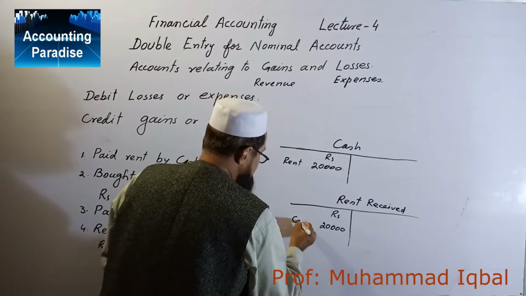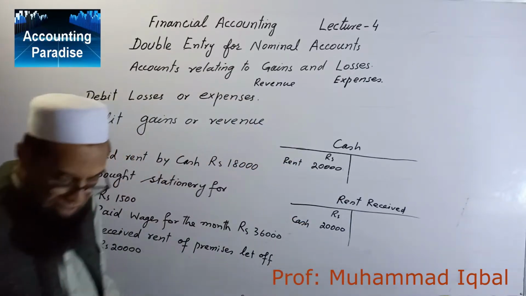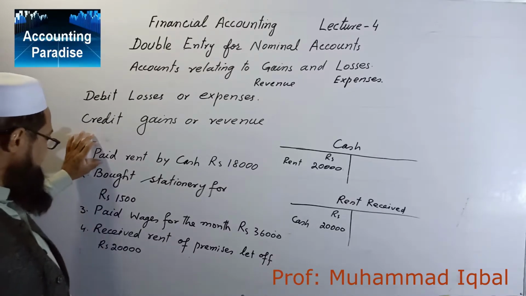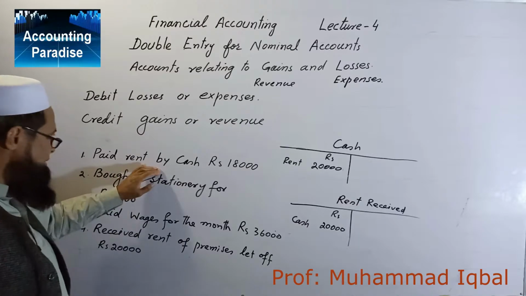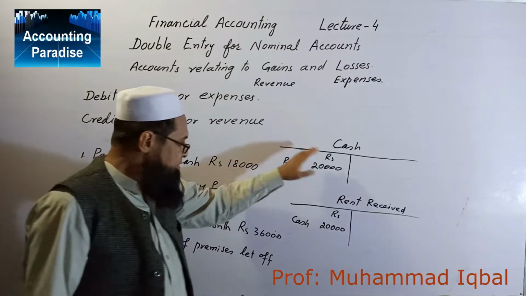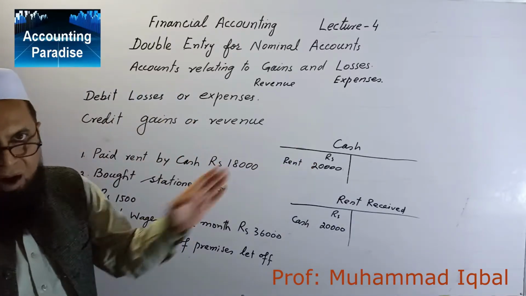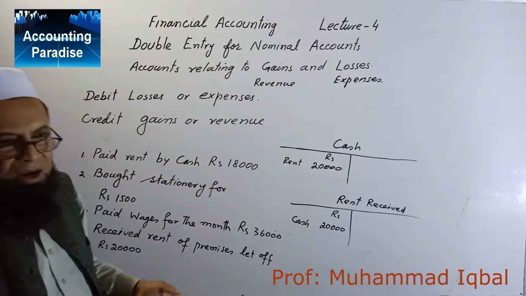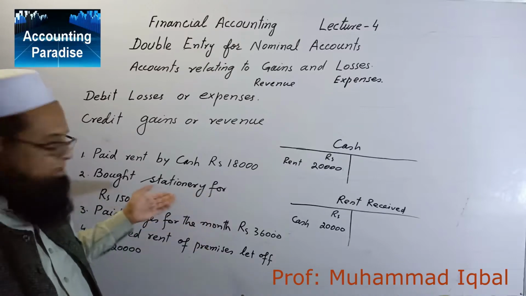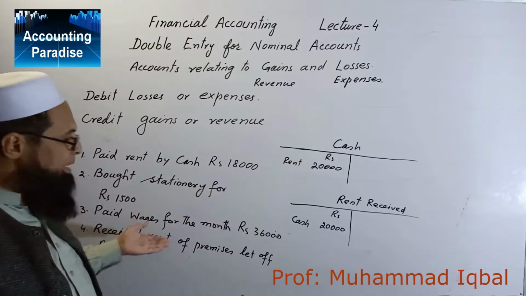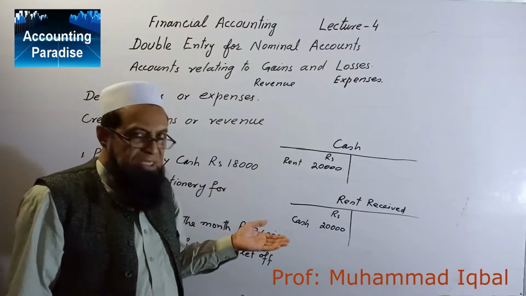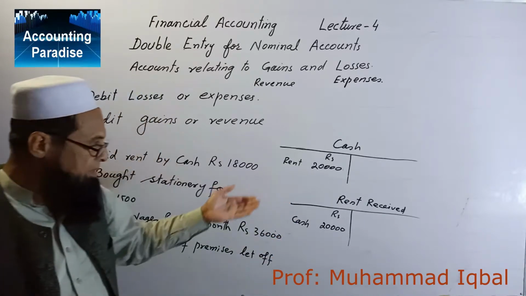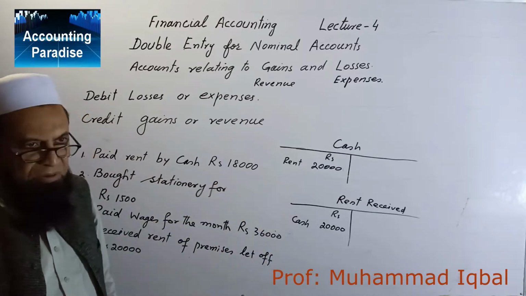You have seen that when the entries were of expenses, rent paid, we debit the account of expense. Stationery bought, we debit the account of stationery expense. Wages paid, we debit the account of wages for the month. And credited cash account.